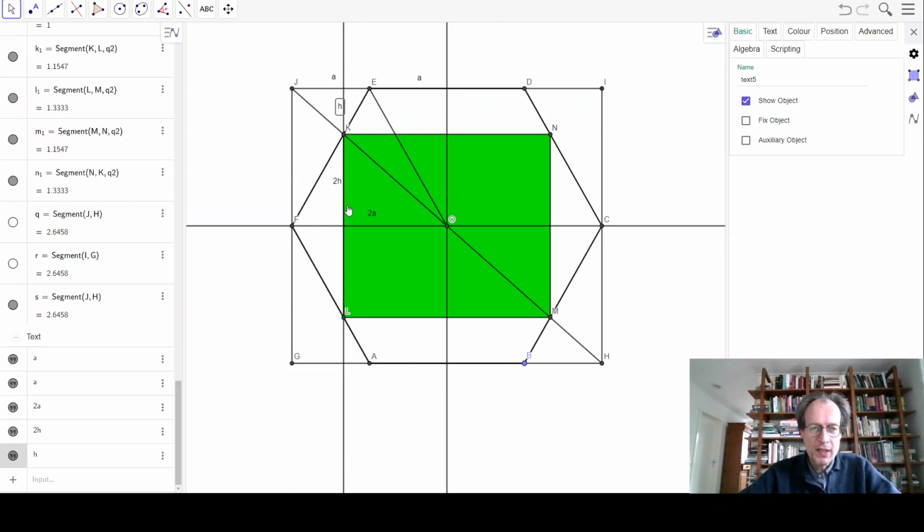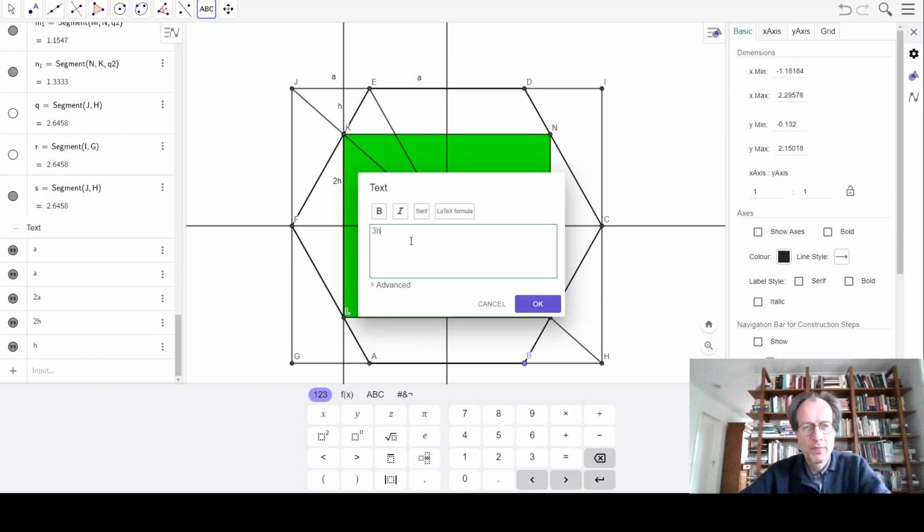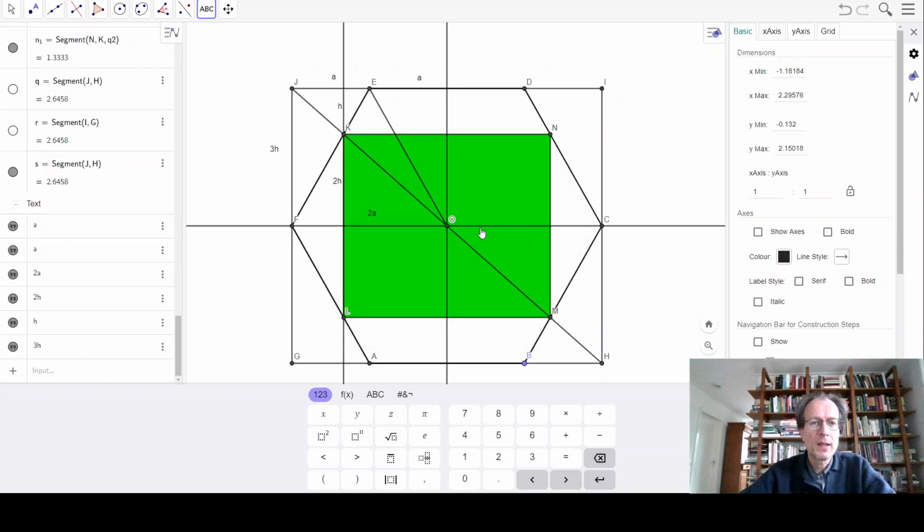But that means that this side JK is 3h. So if you then look, obviously these rectangles are also similar, and because their diagonals overlap.